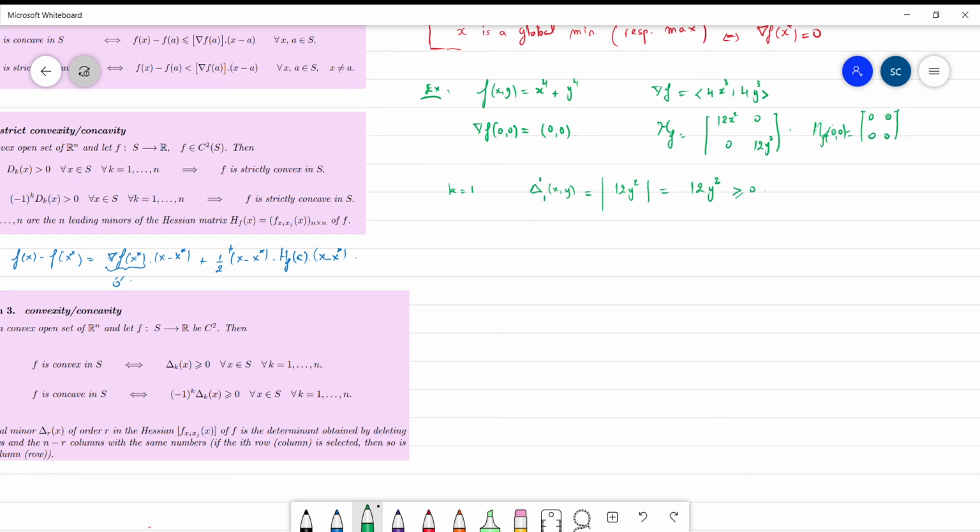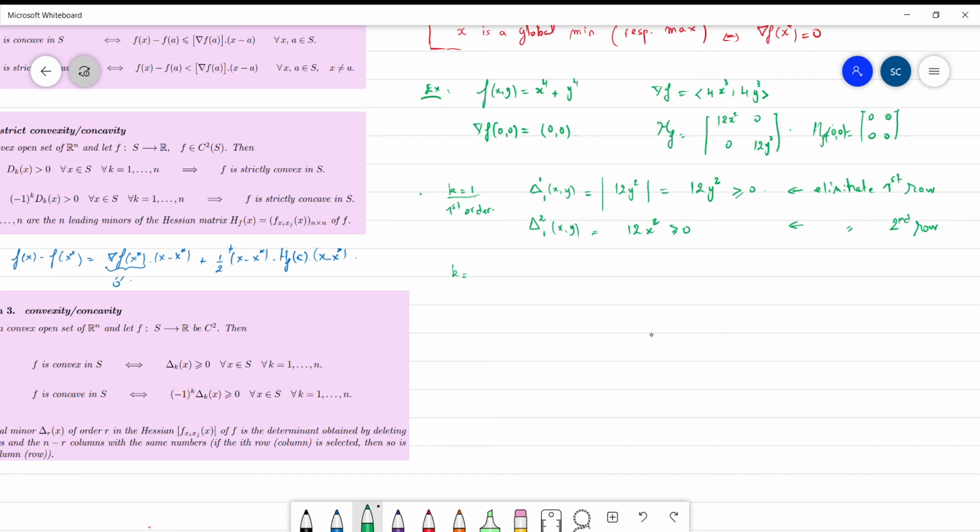Now if I eliminate the second row, I eliminate at the same time the second column, and I am left with 12x^2, which is positive.